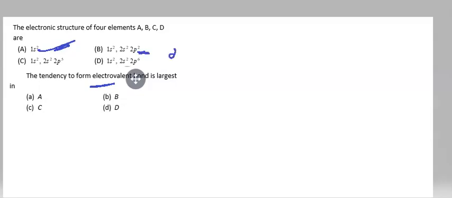It is 2p2, so it requires 4 more electrons to complete the octet. And in the third option, only one electron is required to complete its octet, so it will easily form an electrovalent bond. So there is more tendency to form an electrovalent bond in option C. So option C is right for this.